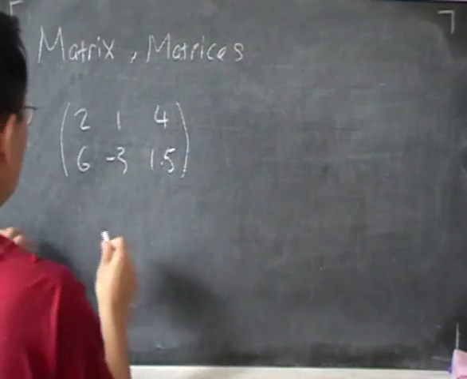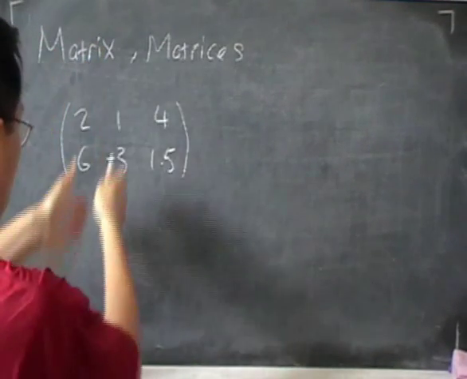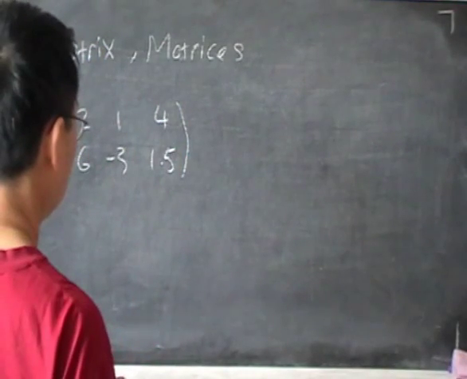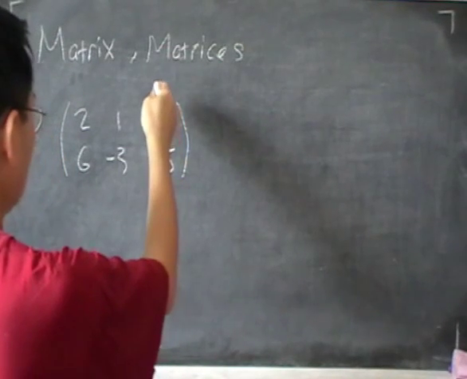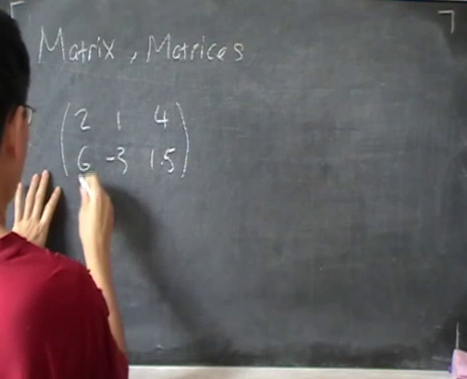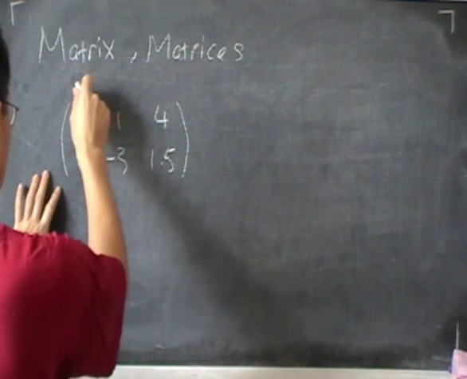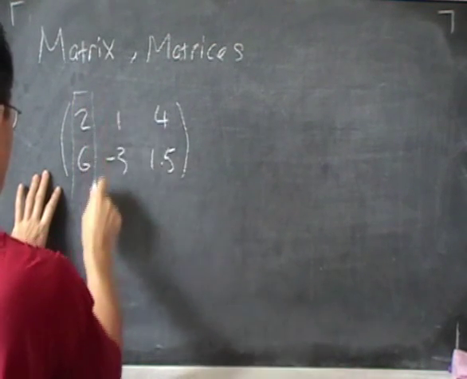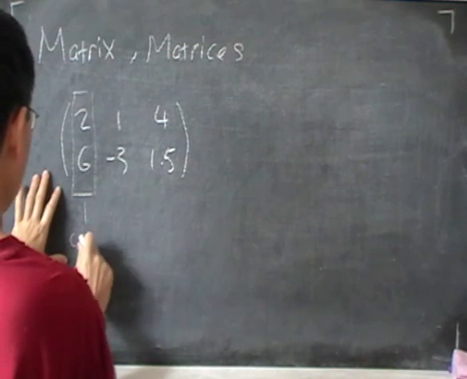I call each of these vertical sets of numbers a column, right? So that would be called a column.